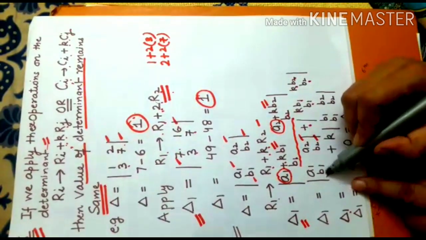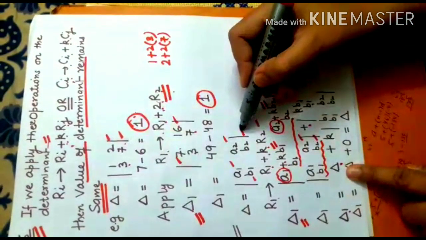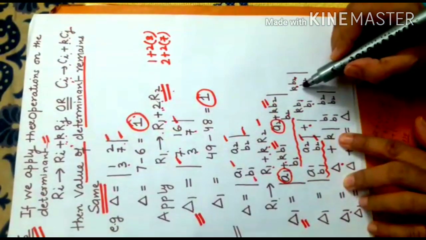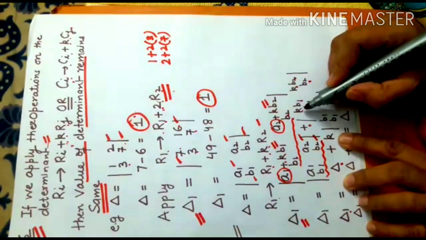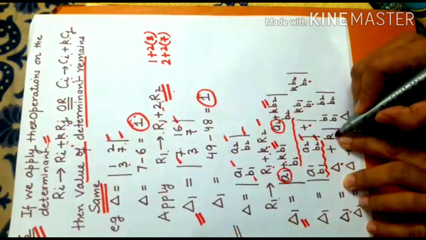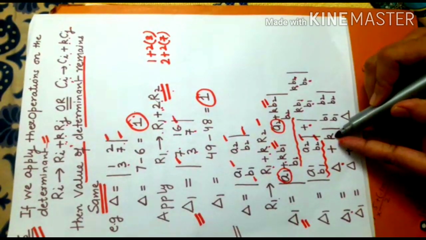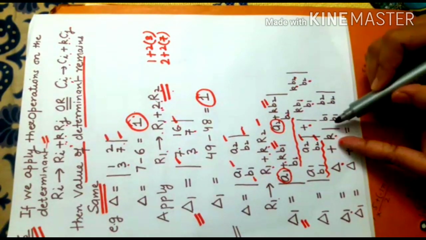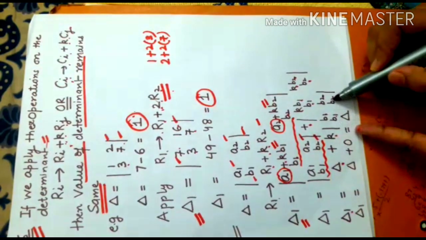You can see that this is your delta here, and from this determinant in the first row you can take the common factor k outside. I am then left with the determinant with first row b1, b2 and second row b1, b2.